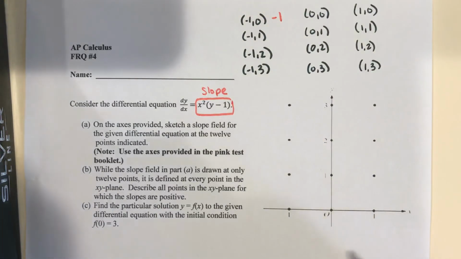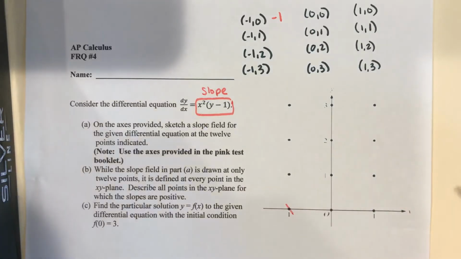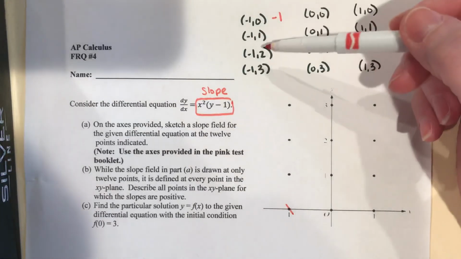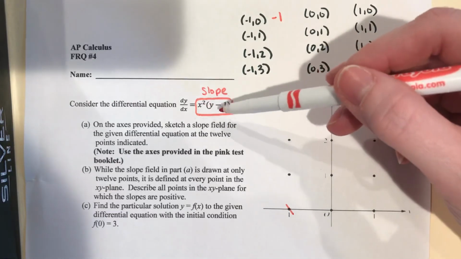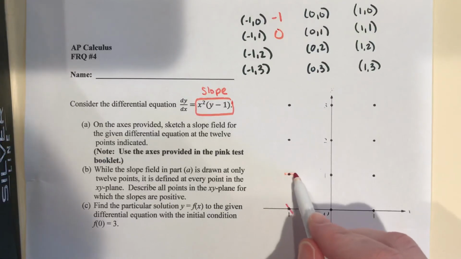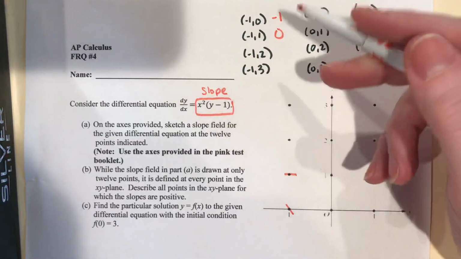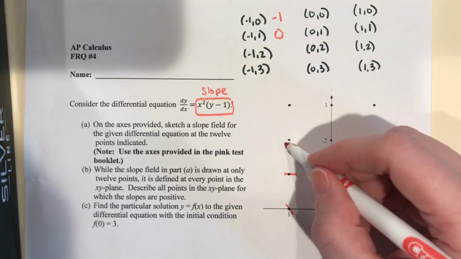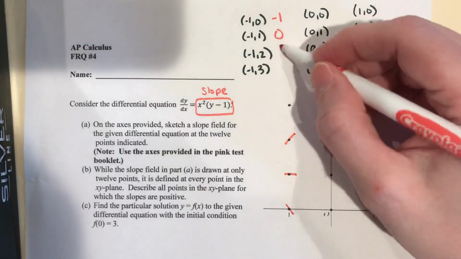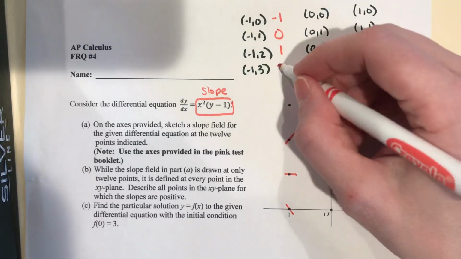So I'm going to draw that slope. At (-1, 1), it gives me 1 times 0, so a 0 slope there. At (-1, 2) it gives me 1 times 1, so 1. And at (-1, 3) it gives me 1 times 2, which is 2.